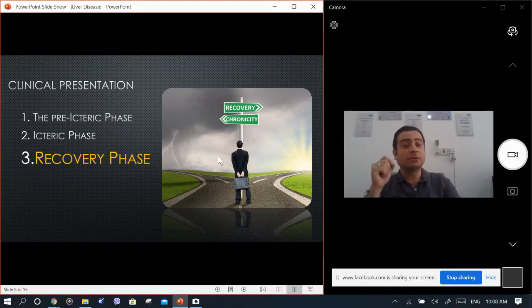A patient can be asymptomatic for up to 30 years, and then symptoms might start to develop and liver complications start to occur, for example liver fibrosis, liver cirrhosis, or even hepatocellular carcinoma.